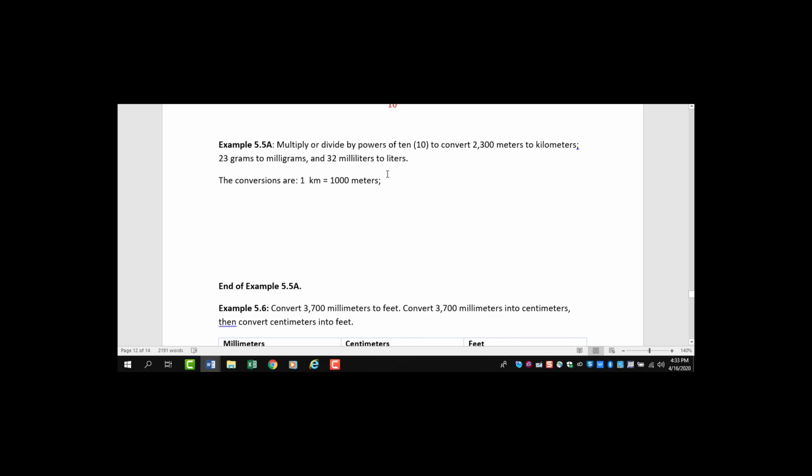Milli means thousandths, so 1 gram equals 1,000 milligrams. And finally, 1 liter equals 1,000 milliliters.